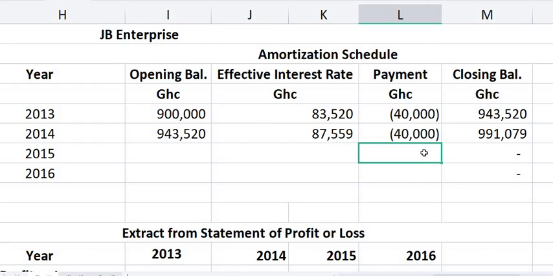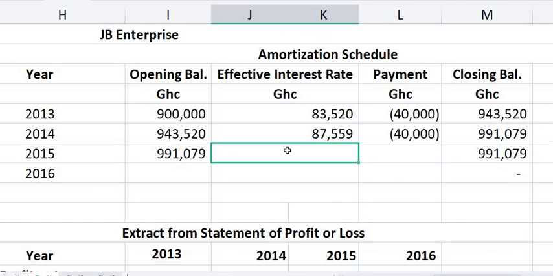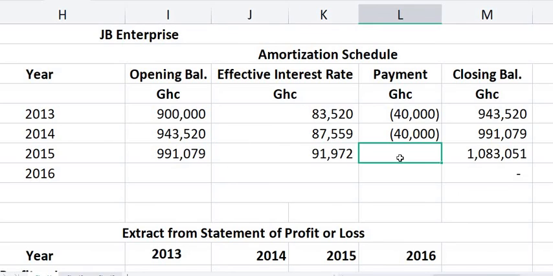That's the annuity. The same thing continues. The interest is 91,972. And the coupon is still 40,000 less.